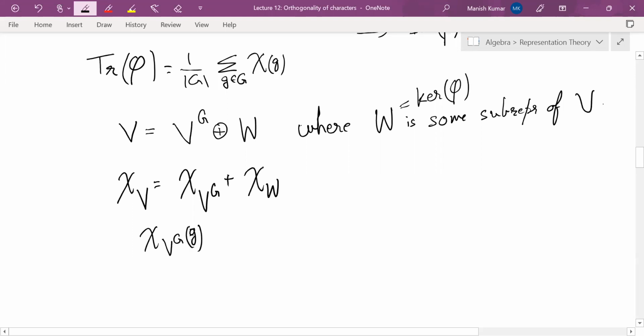If you think of V^G as a sub-representation and look at its character, since it's a trivial representation, this is not only for the identity but for every g in G, it will be the dimension of V^G.